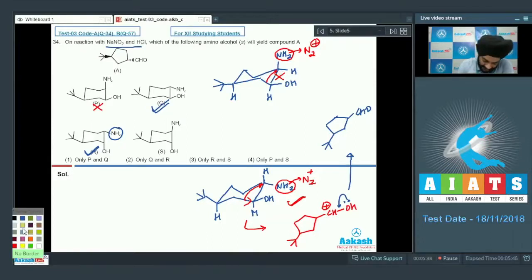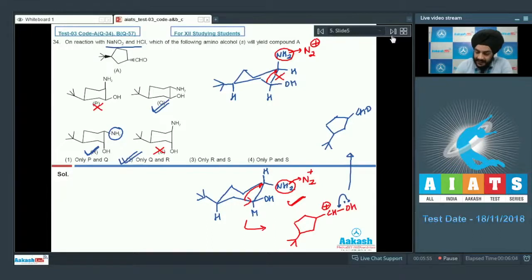So compound S is also not going to undergo ring contraction. So only compounds Q and R, in which the leaving group is present at the equatorial position, are going to show ring contraction. So students, we have to mark option 2 as the correct answer to our question.